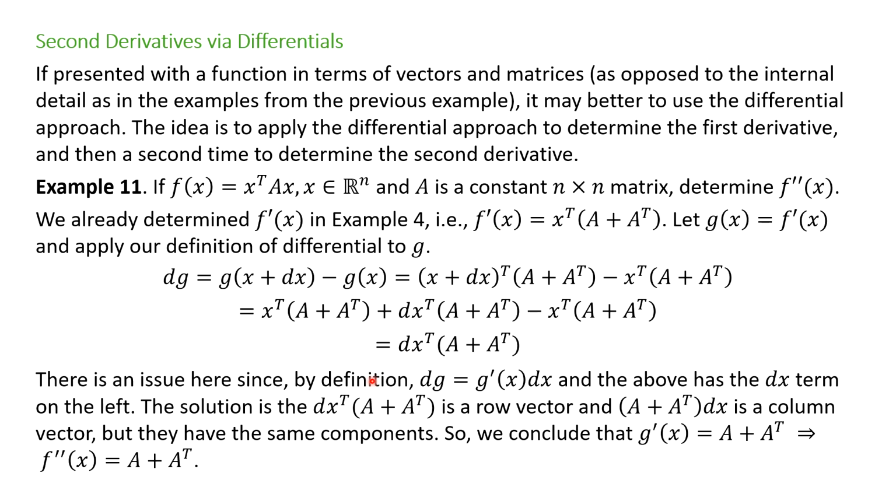The workaround is to note that the solution that we found is a row vector, and the format that we're used to is a column vector, but they have the same components. So this effectively gives us our answer, and we can conclude that A plus A transpose is the derivative of g, and therefore the second derivative of f is A plus A transpose.